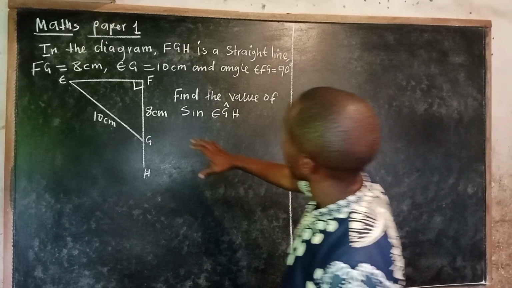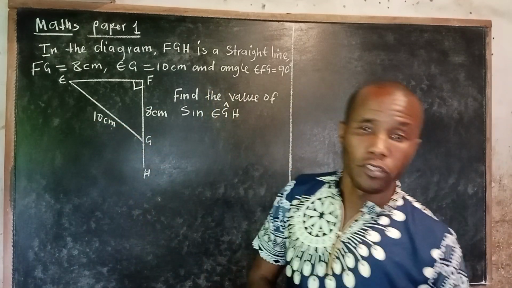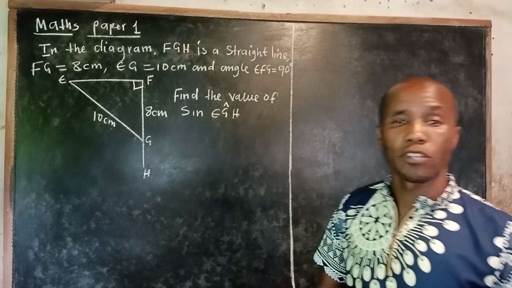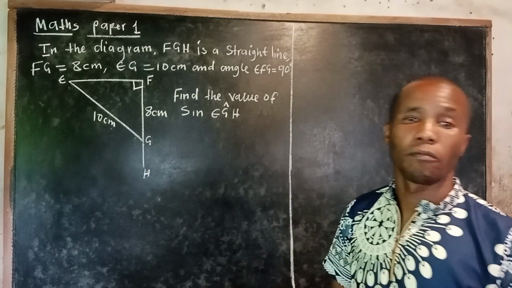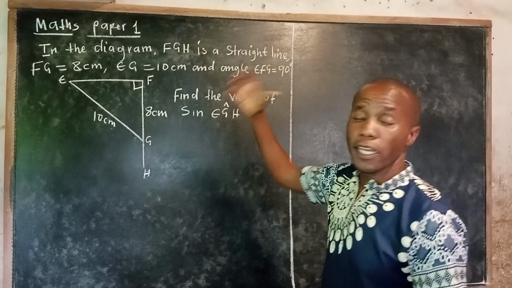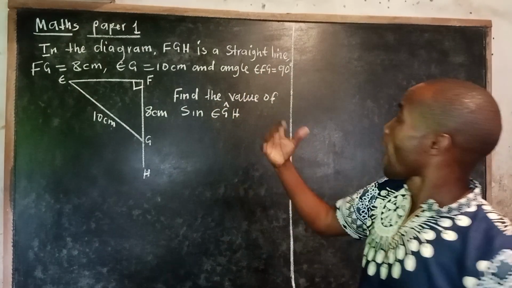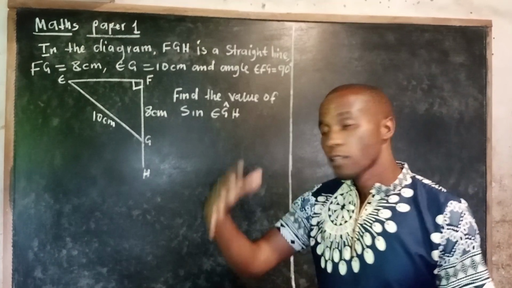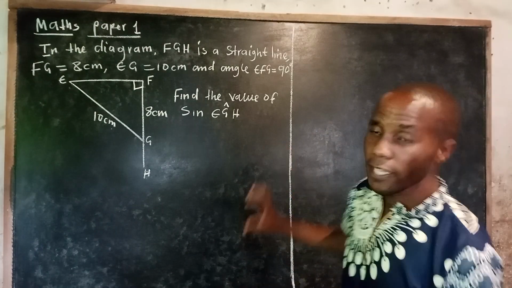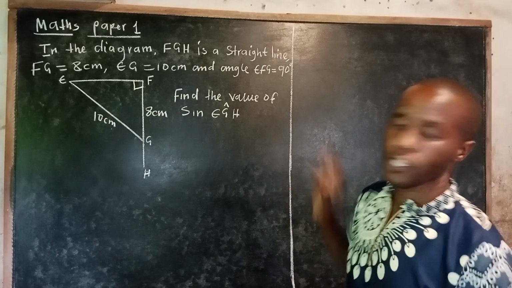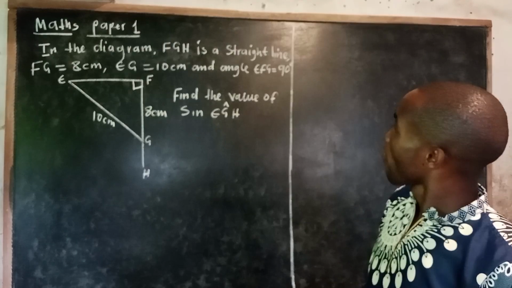Because when you are working out a right-angled triangle in trigonometry, we have the trigonometric ratios that you can apply. But in paper 2, you have to use the rules, the cosine rule and the sine rule, to find the value of a given question or the answer.